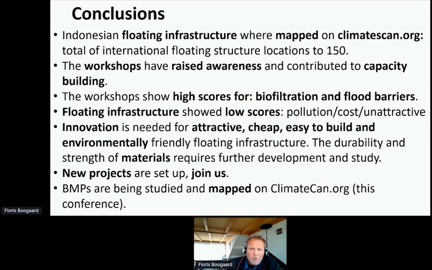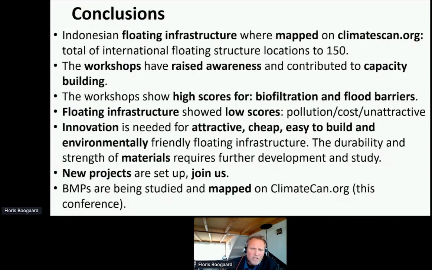Floating infrastructure showed low scores, but we still have some challenges there to make it attractive in this special region, because it's locally dependent how attractive it could be, and of course depends on the design and everything. So I think especially raising awareness would be one key element to use.